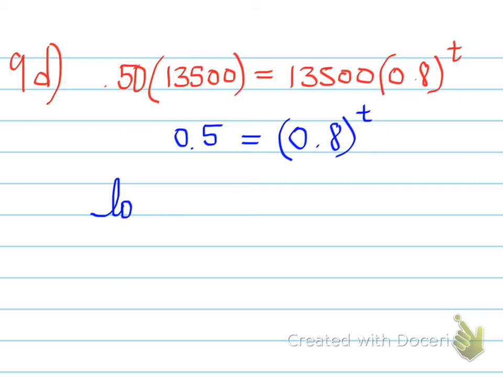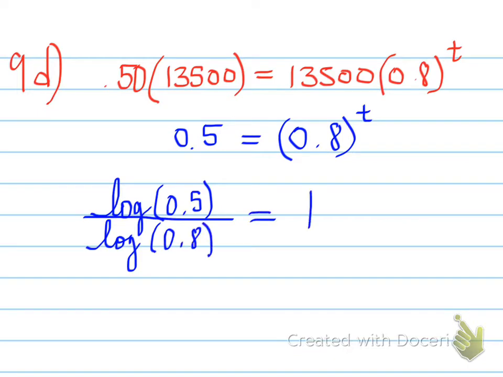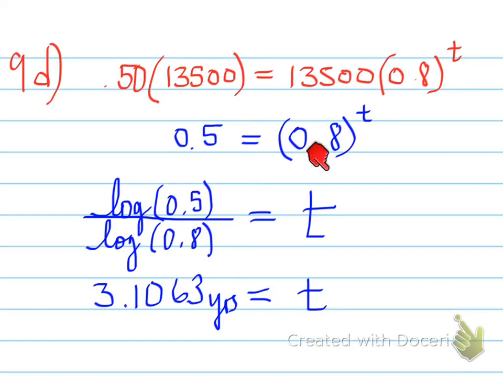Well, folks, take the log. Log of 0.5 divided by log of the base is equal to t. t is equal to 3.1063 years. Can you imagine trying to plug in values until you got that answer? That's why we use logarithms.